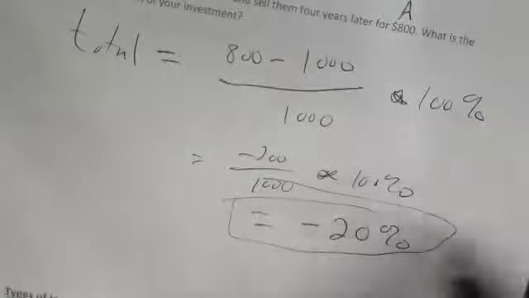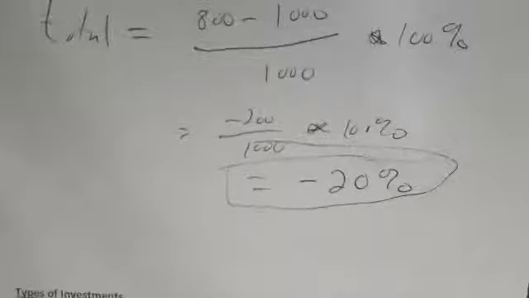You have to account for the negative being there. The negative tells me that this thing is going down 20%. So going from 800 to 1,000, we're going down 20%. Sorry, going from 1,000 to 800. We said that backwards.